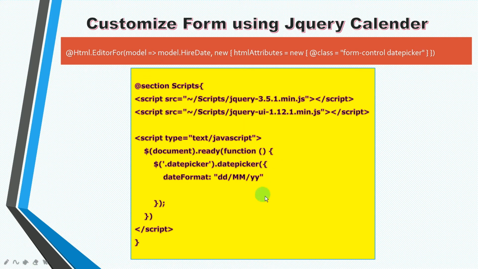In the header section we will use the jQuery UI CSS file, and we will write one script to display the jQuery calendar using the document ready function, to get the calendar with the .datepicker class.